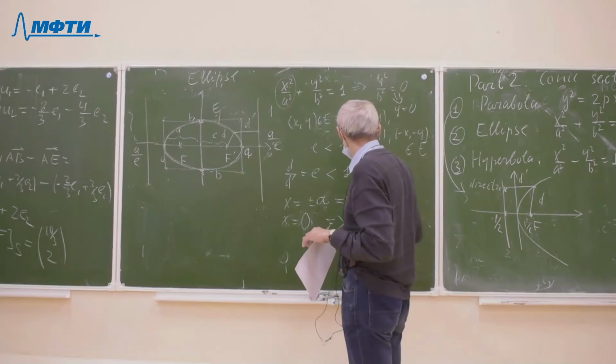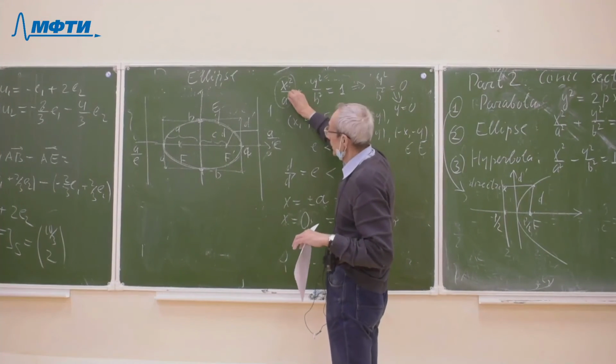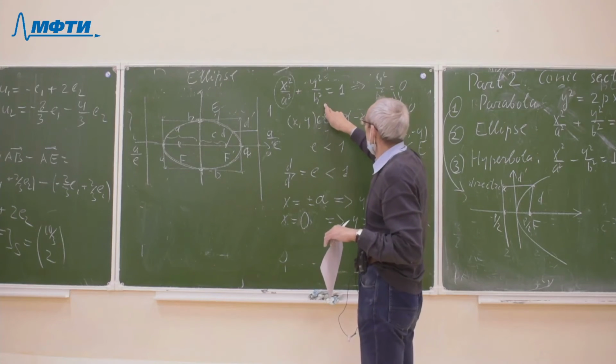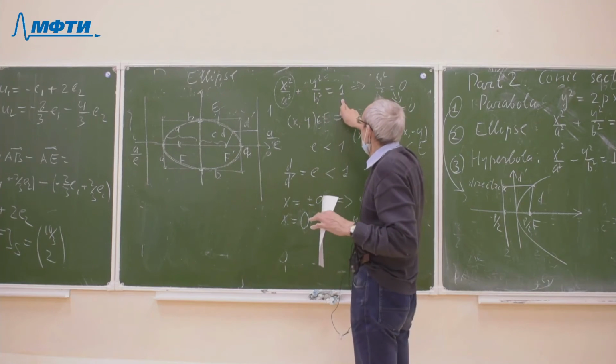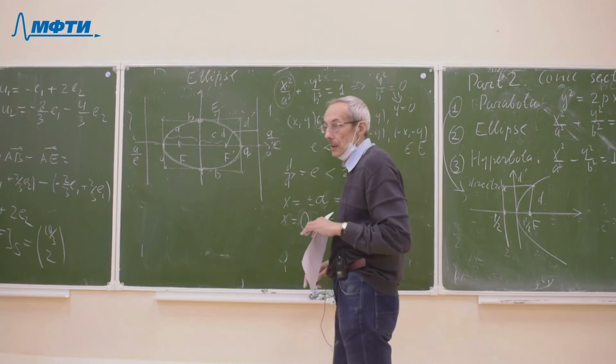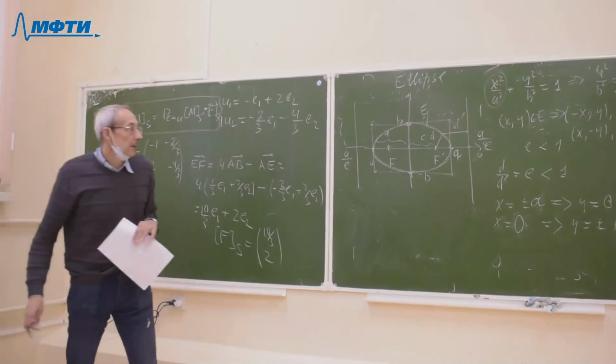Easy to see, if we substitute x equal to 0 in this formula, we obtain that the ratio y square over b square is equal to 1, and then y is equal to plus or minus b. Do you understand? Yes, yes, thank you.